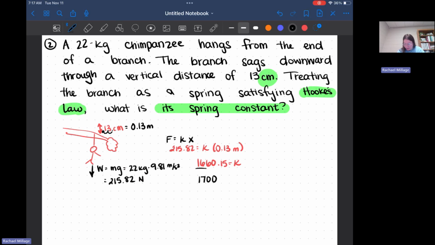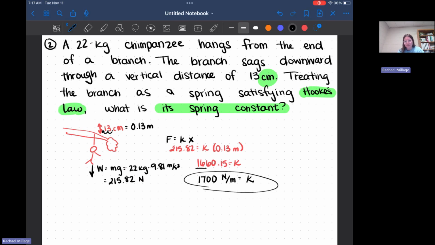It's going to be 1,700. Our units are going to be newtons per meter is my spring constant. The spring constant essentially says for every meter that I displace this spring, it's going to take 1,700 newtons of force. That's just another way of thinking of that spring constant.